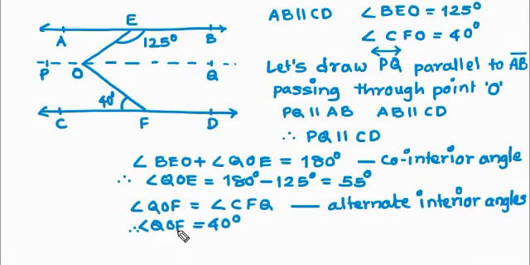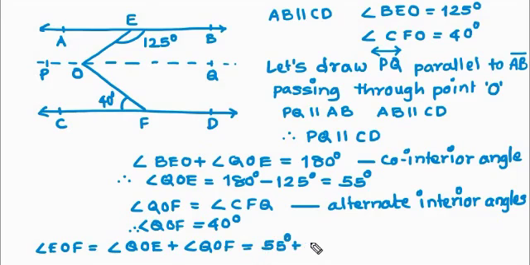And therefore angle QOF is 40 degrees. And now we want to find angle EOF. Angle EOF is equal to angle QOE plus angle QOF. See here, this plus this is this complete angle. And that's why angle EOF is equal to 95 degrees.